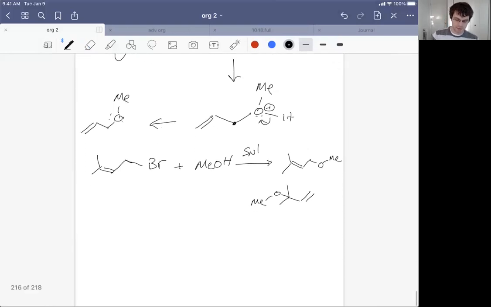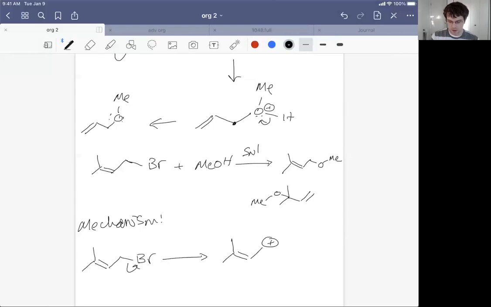So let's consider that mechanism. Well, in this mechanism, we really want to take advantage of resonance structures. We didn't have to before. Maybe it would be prudent of me to have done that because then we could get in the habit of it. But the first step is the loss of bromine to give positive charge at this position.